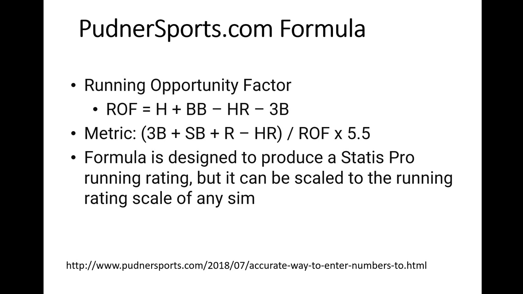It's basically any time you got on base other than through a home run or a triple. Arguably, you could add hit batsmen to this. And then the numerator is triples, stolen bases, runs, minus home runs. And the metric that he came up with is you take that numerator, divide it by that opportunity factor, and then he scales it up by a factor of 5.5.